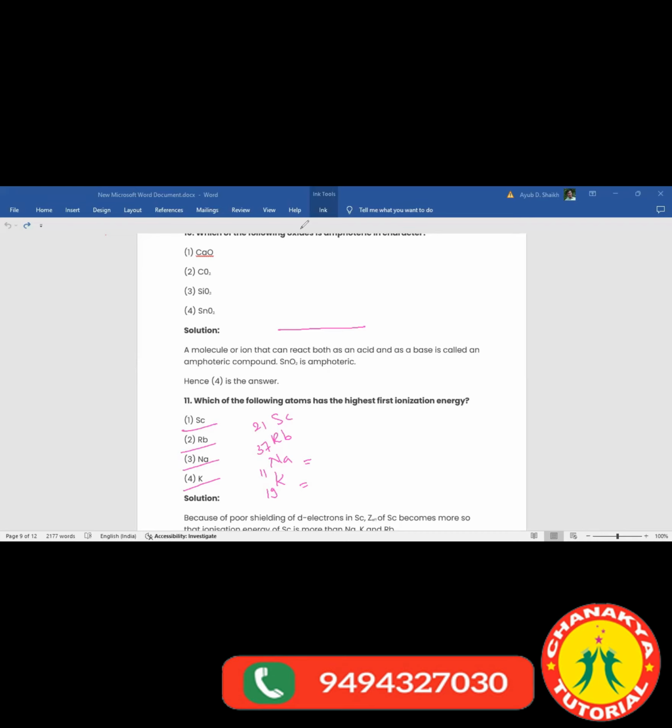Write down the electronic configuration.